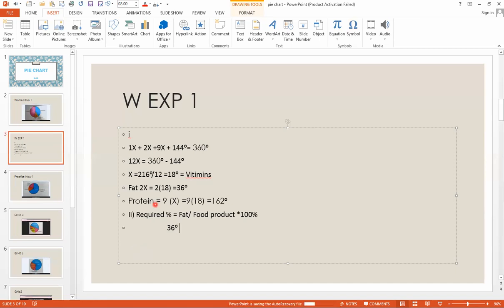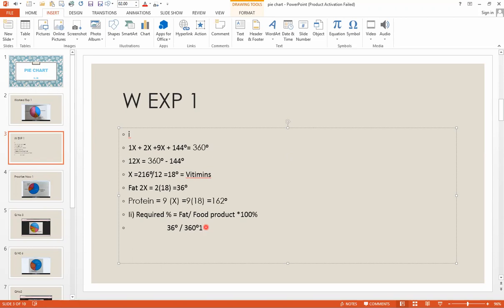And you have to divide it by the whole component. Whenever in pie chart total is come, this means it is equal to 360 degree. 360 degree, and you have to multiply it by 100%.